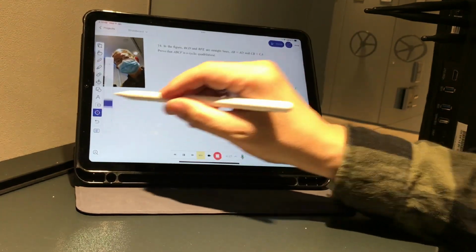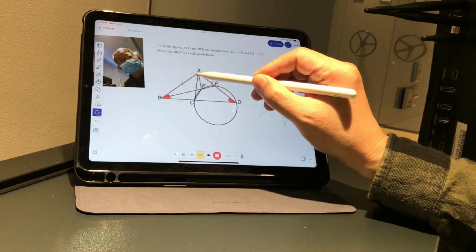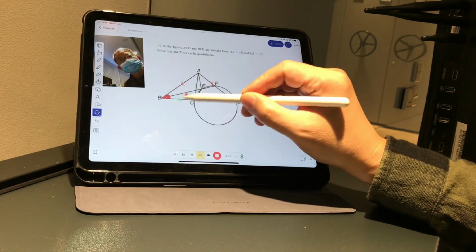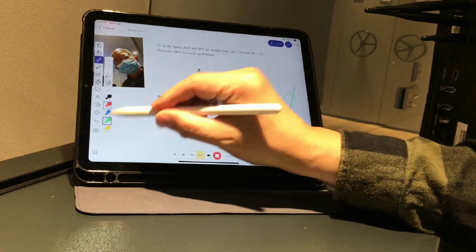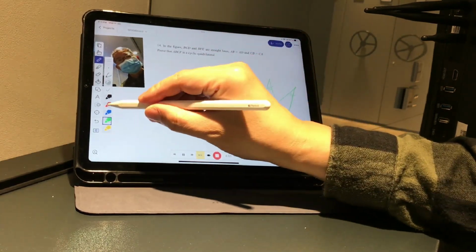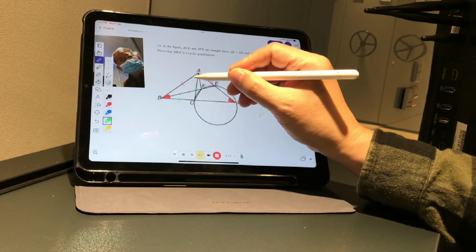Now let's consider triangle ABC. We also have two equal sides here, so let us denote the equal angles by green. No need, it's already here. So this angle is also equal to this one.